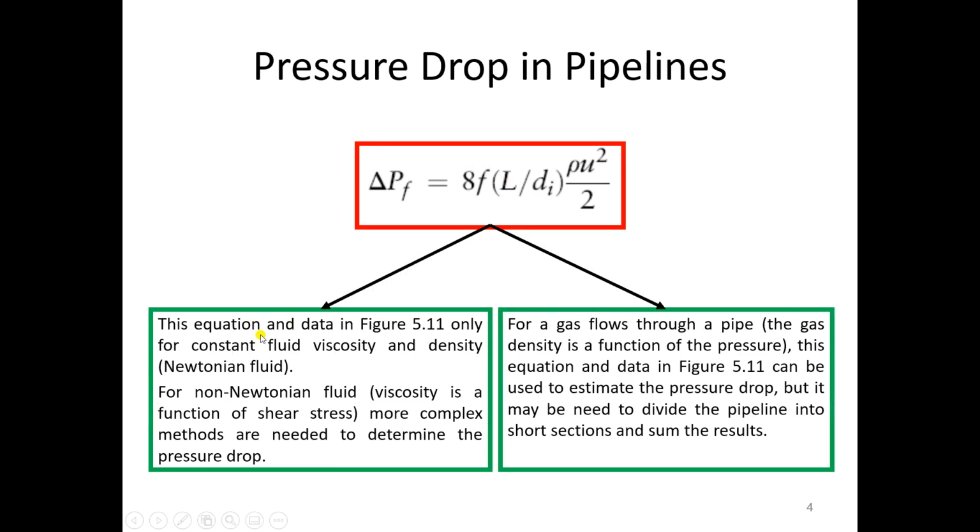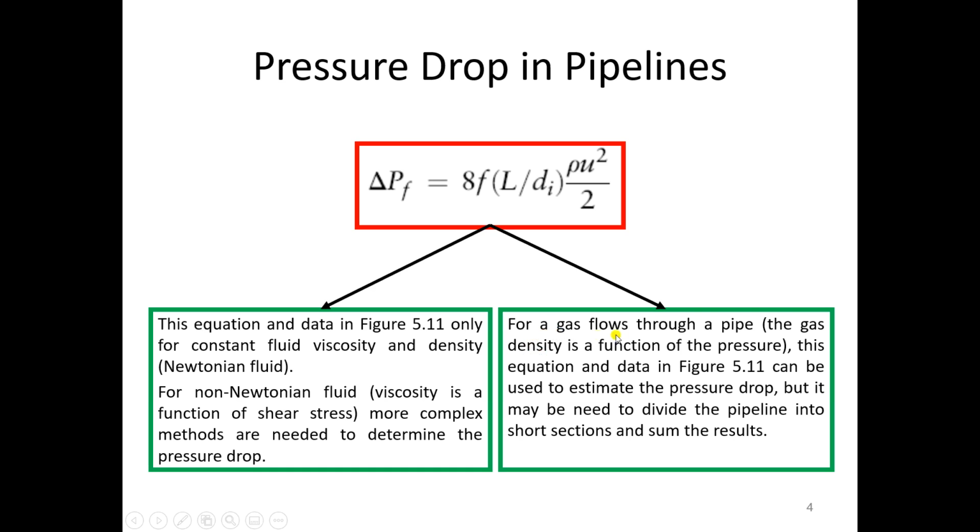This equation and the data in figure 5.11 are only valid for constant fluid viscosity and density, which is Newtonian fluids. For non-Newtonian fluids, where the viscosity is a function of shear stress, more complex methods are needed to determine the pressure drop. Here we only cover Newtonian fluid, where viscosity and density are constant.